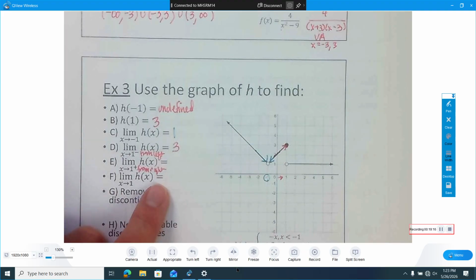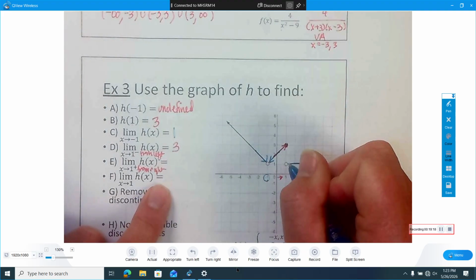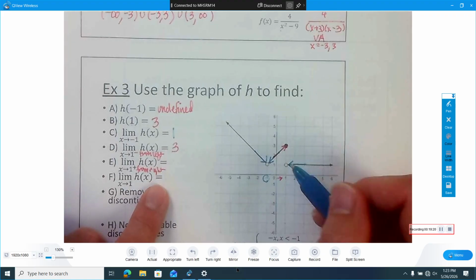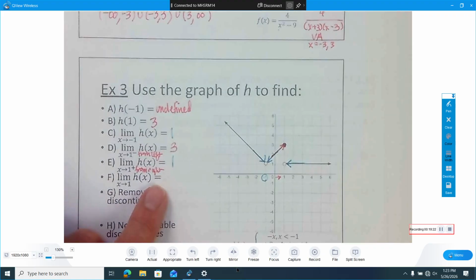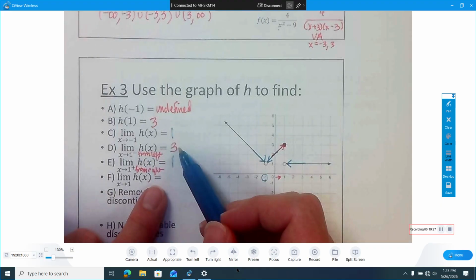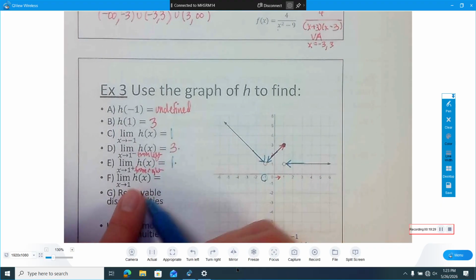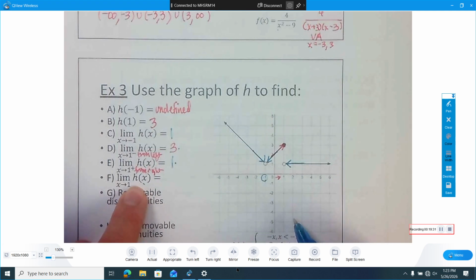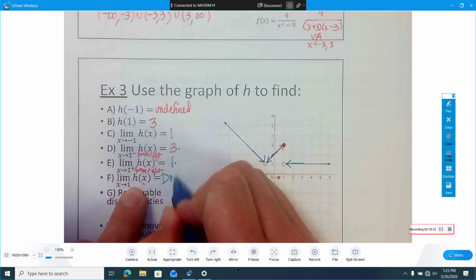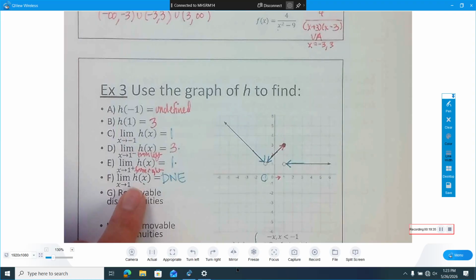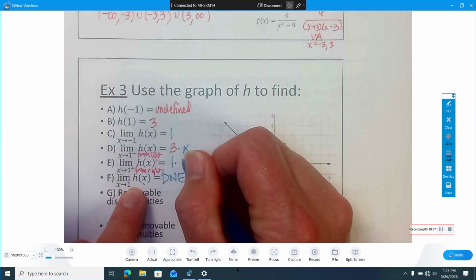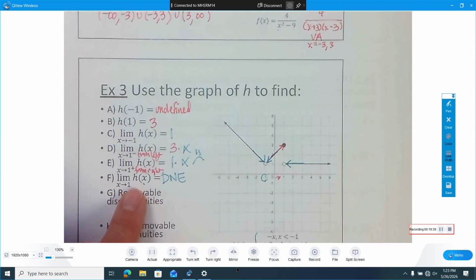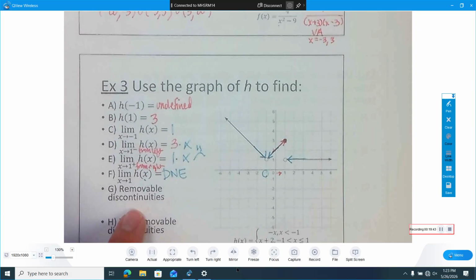So from the right side of 1, we're jumping on our function and coming in from the right side. That's just getting close to 1. Did they match? No, the limit from the left did not equal the limit from the right. What's the limit as we approach 1? Does not exist. Does not exist because they're different. Sad face. Okay. The limit from the left has to equal the limit from the right.